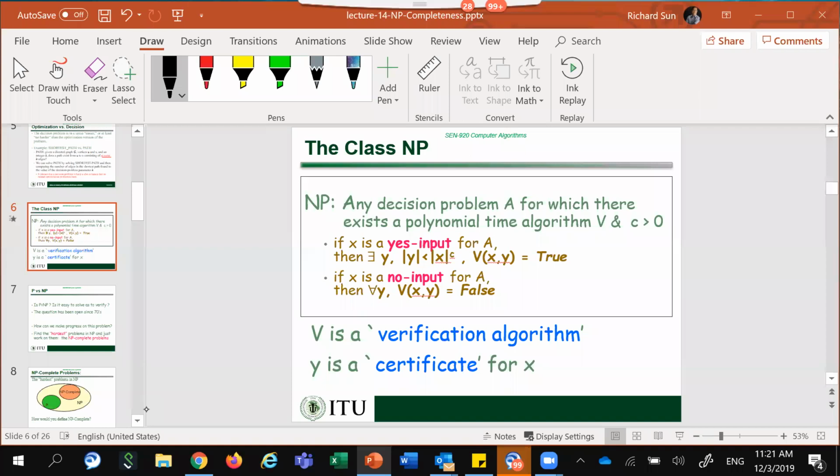And this V can run in polynomial time to check whether this y is a solution of x or not. If it is, it returns true. If it is not, it returns false.